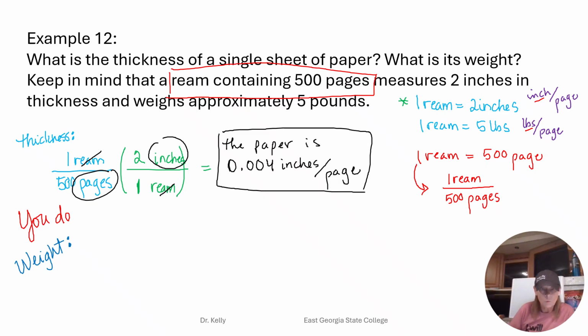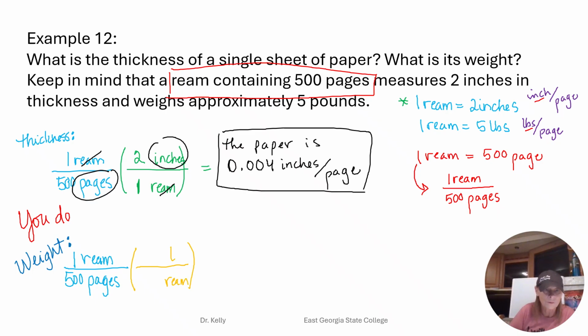Okay, so we'll start off again because we need pounds per page this time. We still need to start off with our 1 ream over 500 pages. And this time, we're just following it here. We've got to put ream here, and we're not dealing with inches.